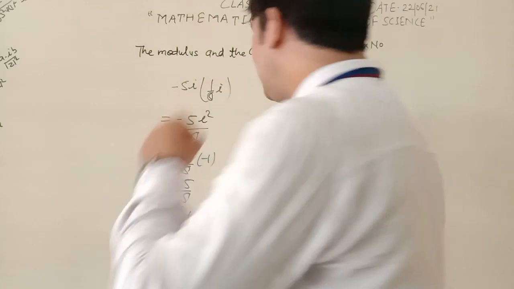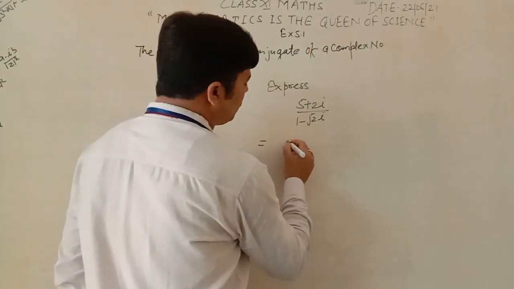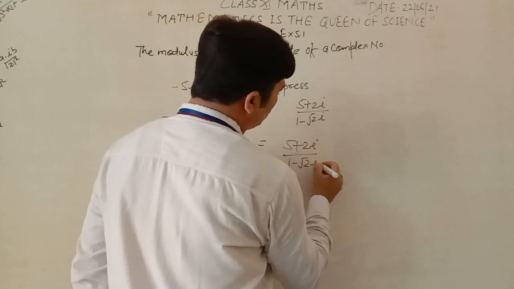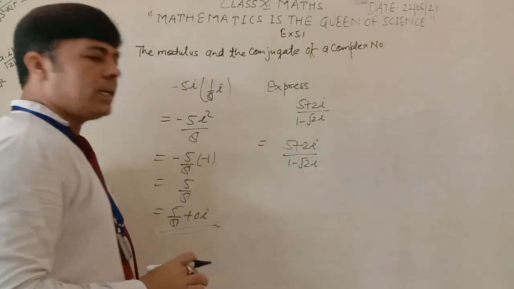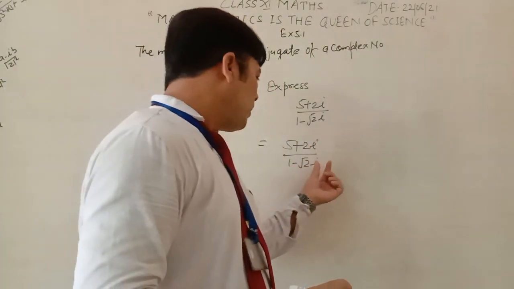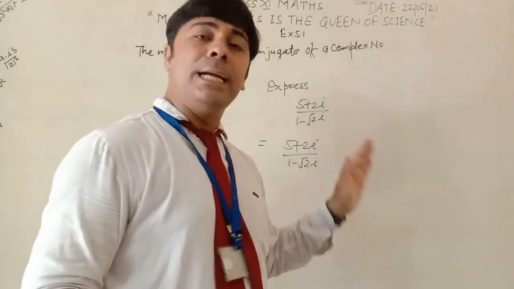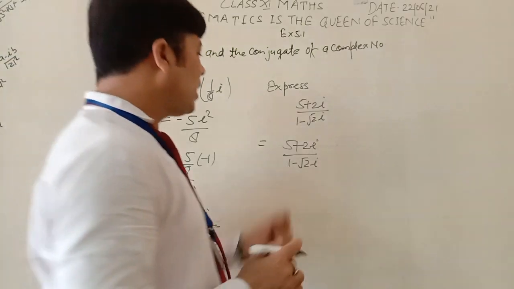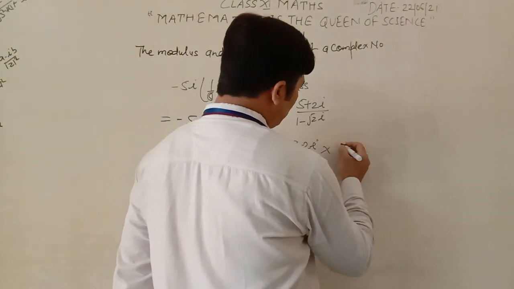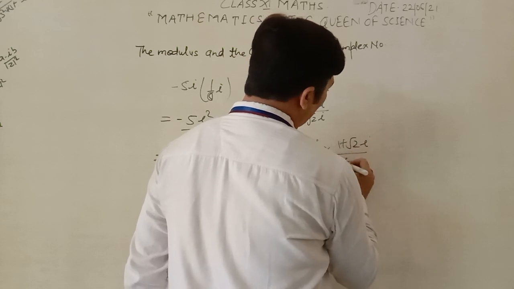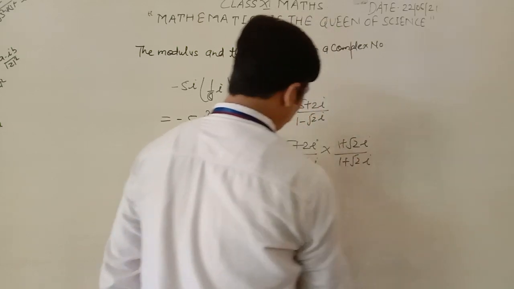How can we do that? The denominator is 1 minus root 2i, so we multiply and divide by the conjugate of this number, which is 1 plus root 2i upon 1 plus root 2i.